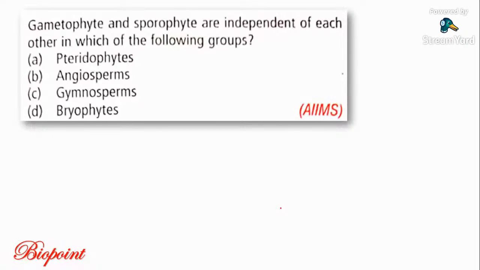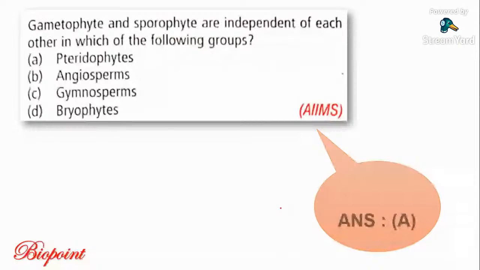Gametophyte and sporophyte are independent of each other in which one of the following groups? Pteridophytes, angiosperms, gymnosperms, and bryophytes. Very easy question. The correct answer for the question is pteridophytes.